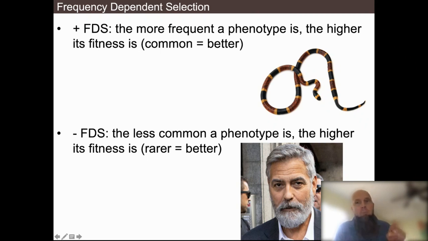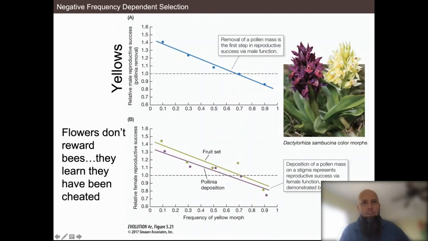The more abundant it is, the better it is. Or there can be a negative or an inverse relationship between the frequency and the fitness, whereby the more abundant it is, the lower the fitness. And I'll go through two examples here, presumably, if I get this to advance.